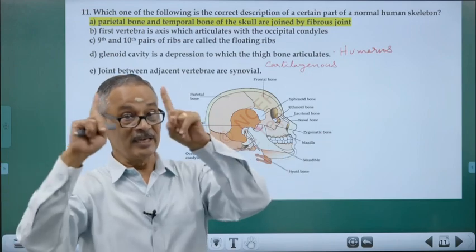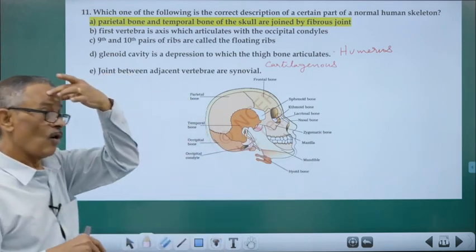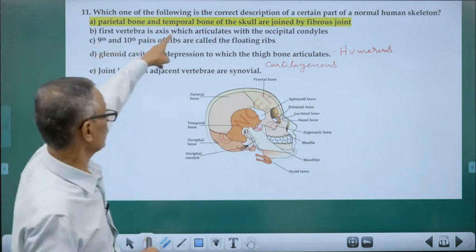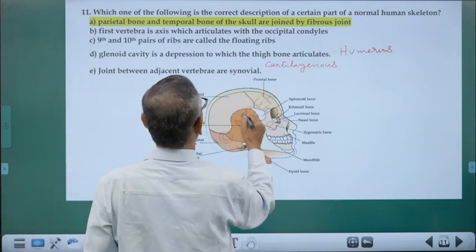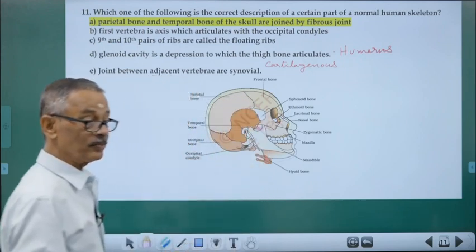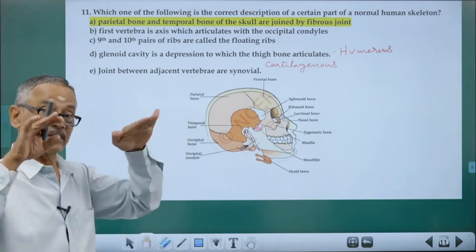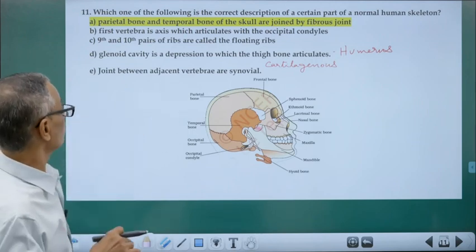Okay, synarthrosis, immovably joined. All bones of the cranium are immovably connected together. Parietal bones and temporal bones. Okay, so parietal and temporal bones, you are having no movement possible because they are connected by fibrous tissues in between.